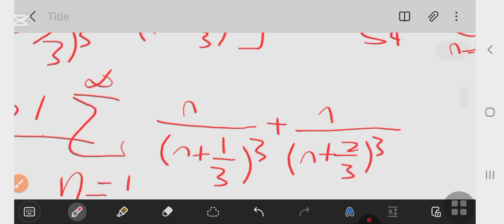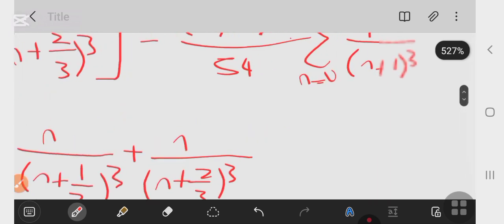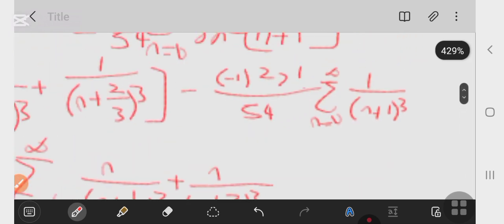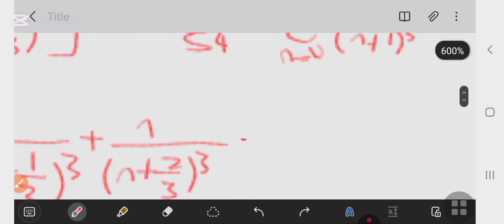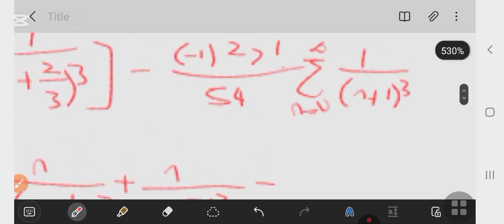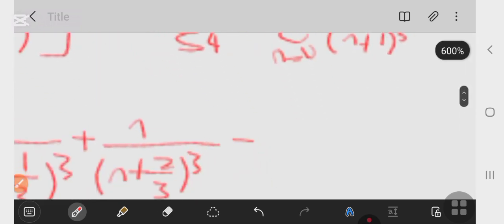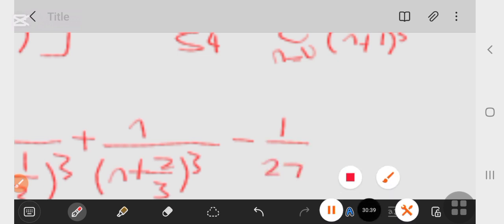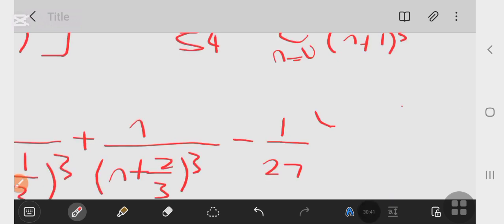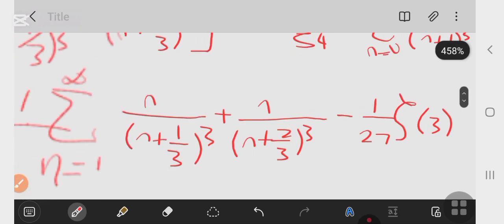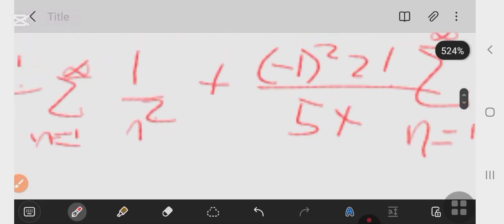Okay, now for this last one, remember what this looks like, zeta function, right? So this is minus 2 over 54, which is the same as 1 over 27 multiplying zeta 3. Okay, now let's go over to this side.